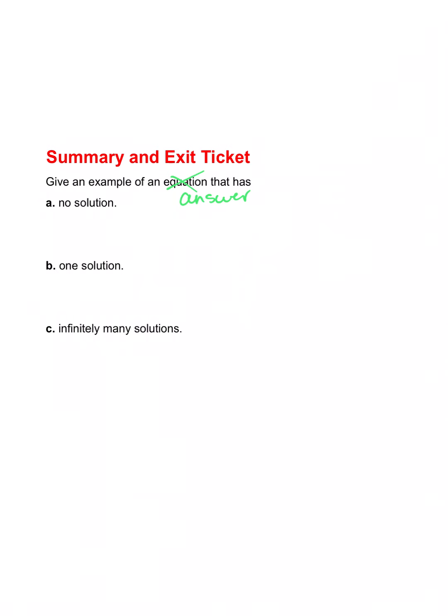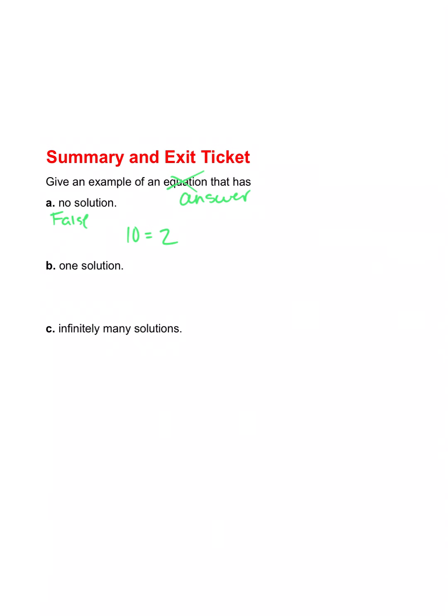All right, so an example that would be no solution is when it's false. So that would be like having 10 equals 2. If you had something else, that's fine, as long as the two numbers on either side do not equal each other, that's when you get no solution.